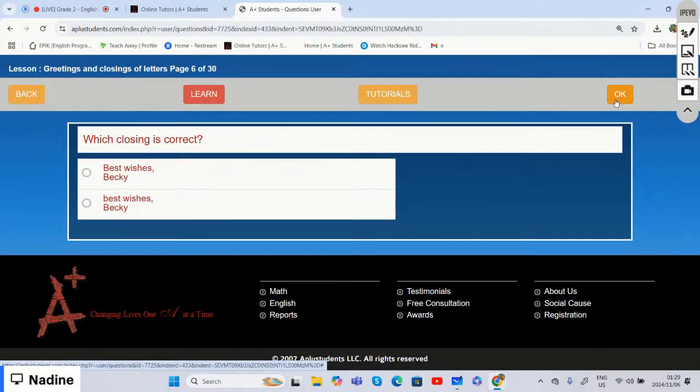The next one says, which closing is correct?